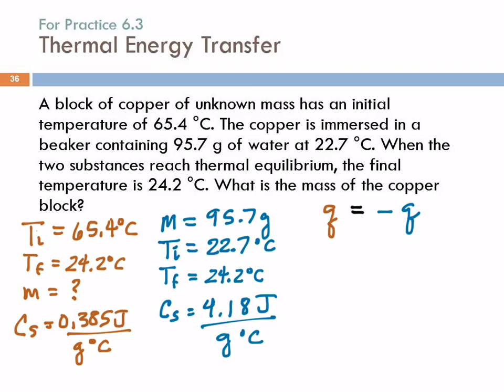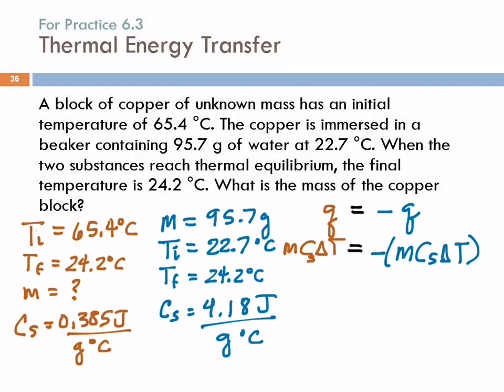So Q for the water is MC delta T. And Q for the copper is also MC delta T, but it's its own MC delta T. What's lost by the copper has to be gained by the water.